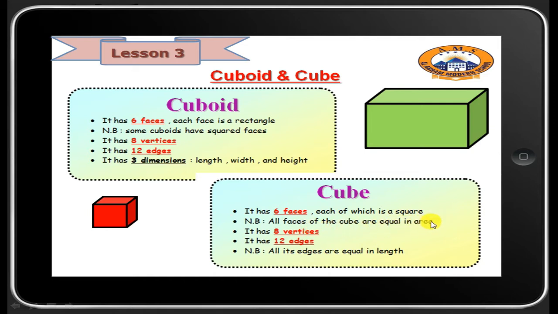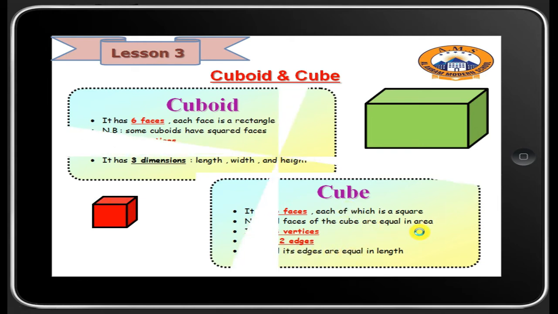This is a question that you're going to find in the exam. Also the cube has 8 vertices: 1, 2, 3, 4, 5, 6, 7, and there's one here. It has 8 vertices and also 12 edges, and all the edges are equal in length in the cube.